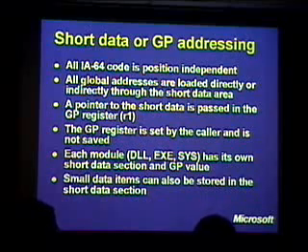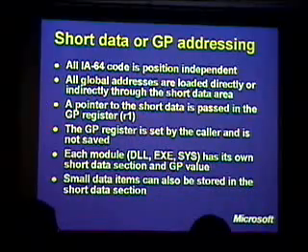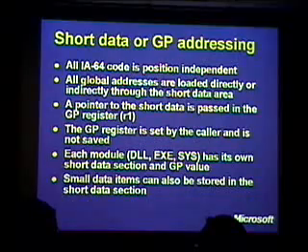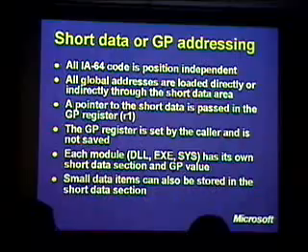So what we do is we have a section in the image where we put all the short data items and pointers to other things. And we do this for each module.